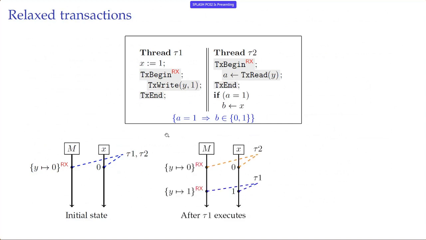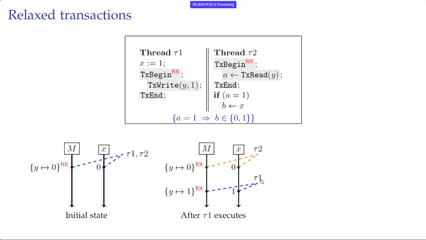Now let's execute all of the first thread, thread tau1. We get a new write for x, which is over here, and we get a new memory snapshot for y, which is over here. We also have an annotation on the memory snapshot which says it's relaxed, because that's what the annotation is over here. And the views are also updated correspondingly.